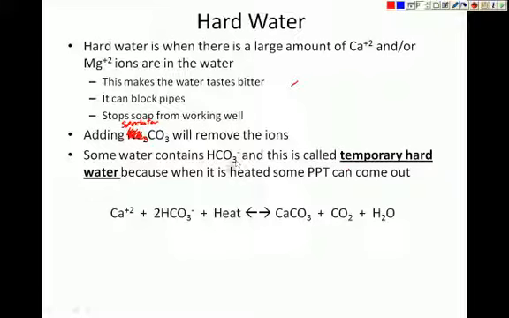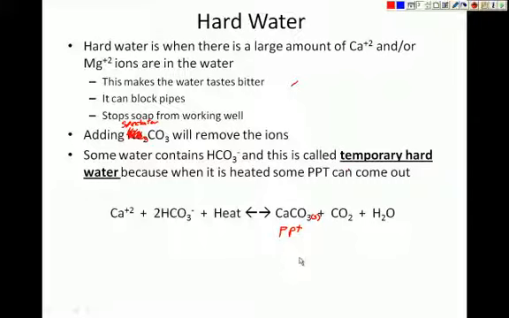Now, what that does is when you have calcium or magnesium in solution, and in the water with it is HCO3 minus, a chemical reaction can occur where if the water is heated up, Ca2 plus combines with the HCO3 minus, and that'll form again calcium carbonate, which is low solubility, or in other words, it's going to precipitate out.